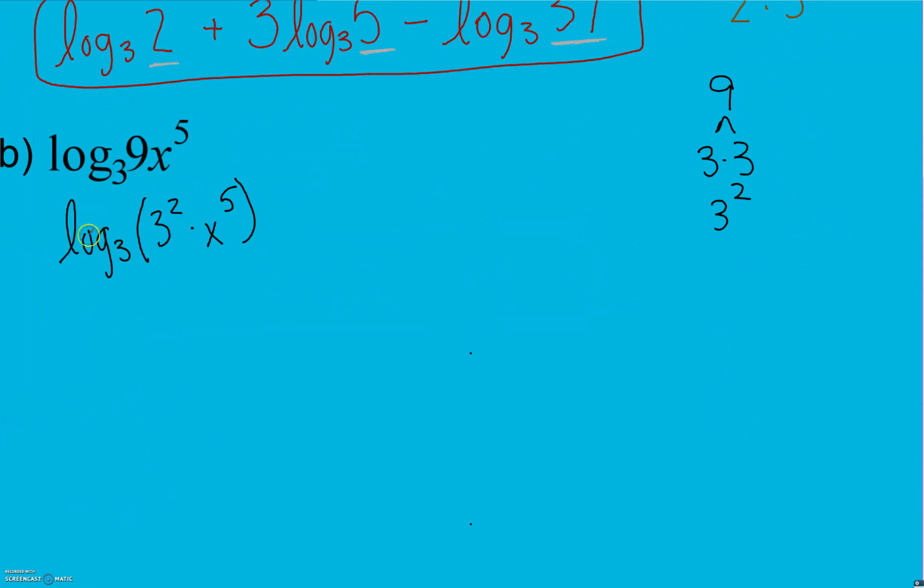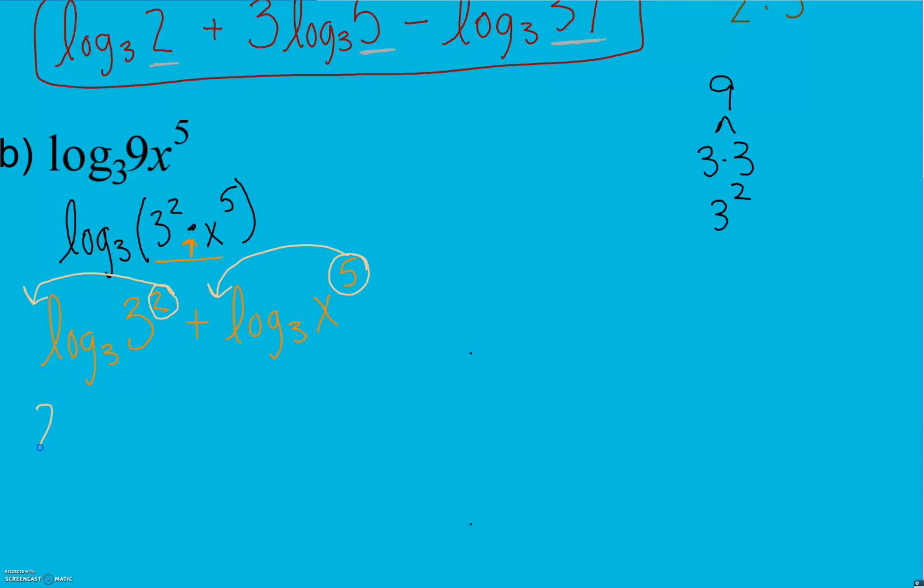Again, we split up logarithms when there's multiplication into individual terms by adding. So the first one's going to be log base 3 of 3 squared. When we split into individual logarithms, we add when there was multiplication. Log base 3 of x to the 5th power. Take our exponent, swing it out front, same thing with our 5.